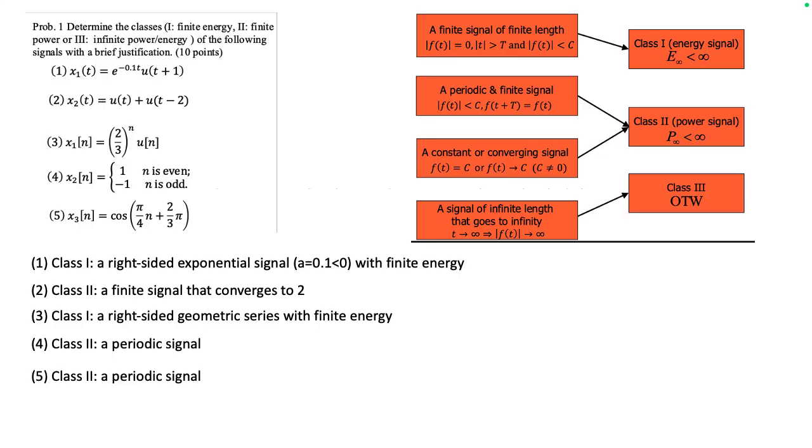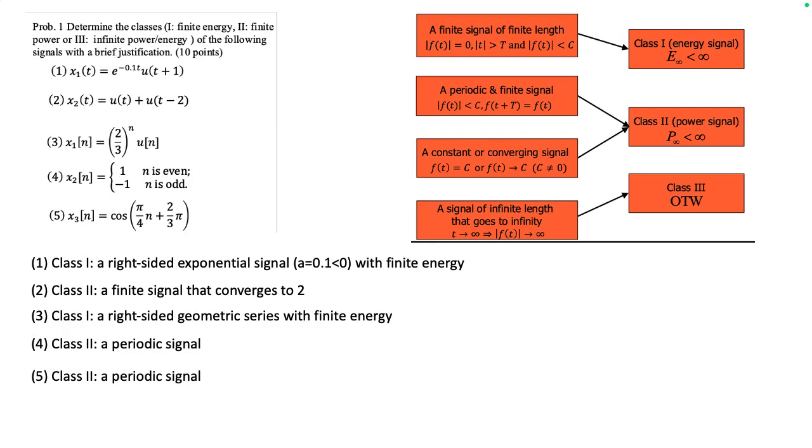Yeah, because you can see the first one, we talked about it when we reviewed midterm 1. It's similar to this. The first one quickly converges to 0, and when we talked about it, it is class 1, am I right? The right side is an exponential signal, and if a is equal here, it is negative, so we get net energy.